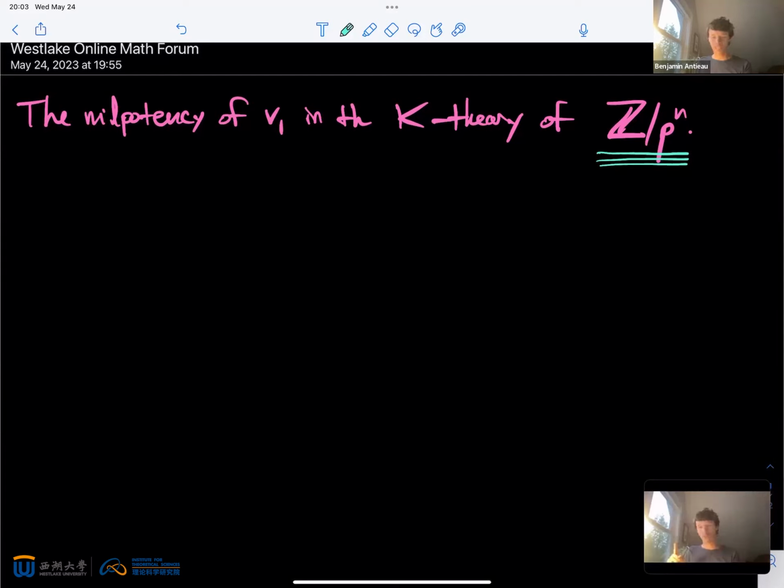It's not the field with P to the N elements, of course. That means invariants of it are trickier to compute than they would be for fields, and that's really at the heart of the story I'm going to tell today. So this is all under part 1, which is going to be background.